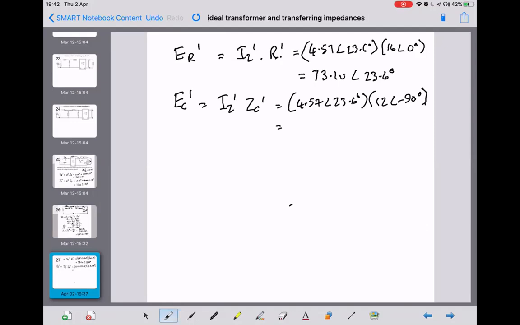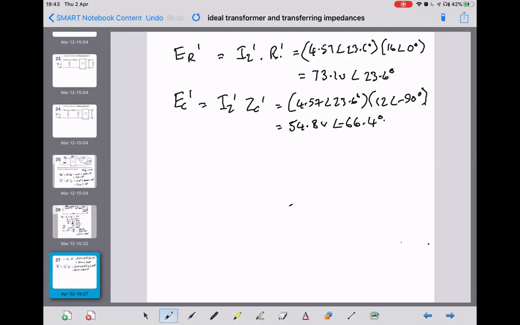And I get 54.8 volts, angle 66.4. Must be minus 66.4. 23 minus 90. Yeah. Everybody happy with that? Yeah.